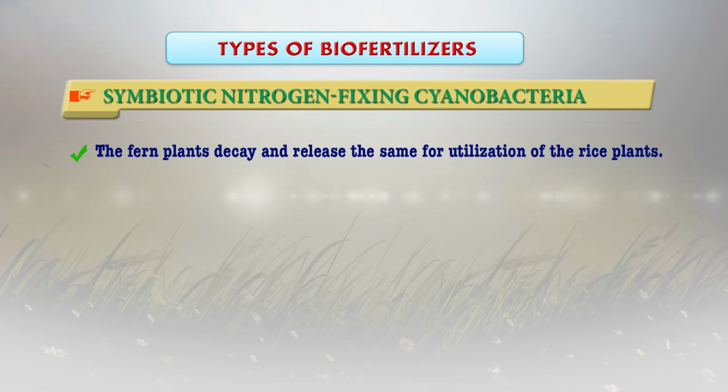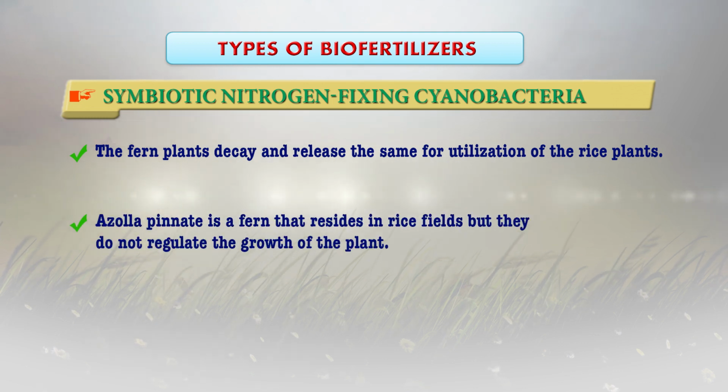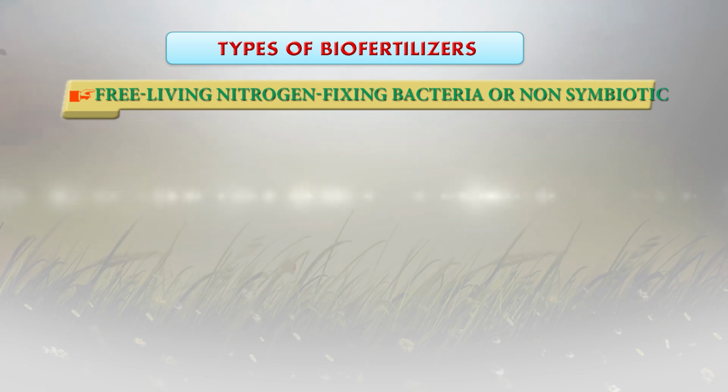The fern plants decay and release the fixed nitrogen for the utilization of the rice plants. Another fern is Azolla pinnata. It is also a fern that resides in the rice fields, but it does not regulate the growth of the plant. Then there is free living nitrogen fixing bacteria, or non-symbiotic fixation.